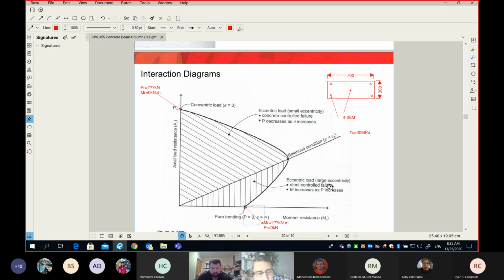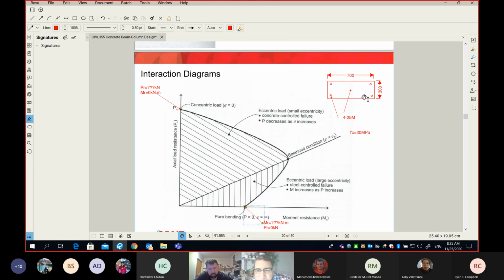Remember, think about it, guys, as an XY relationship between moment and axial force. So on the curve, in my class so far, 100%, you're able to find 2 points on the curve.